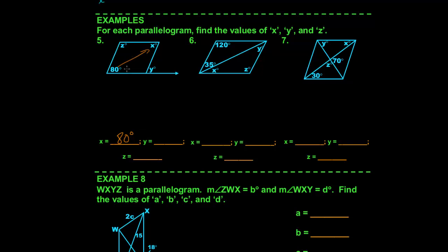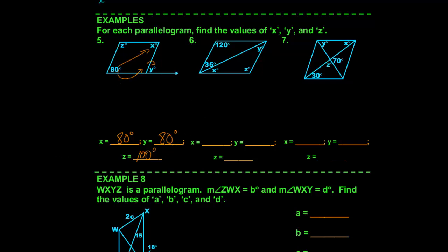Now we know that this angle here and whatever would be here are supplementary. If those two are supplementary as well as these, we can also say that our y is the same thing as we have over here. Our y is also 80 degrees. And when we find our z value, these two are supplements. 180 minus 80 is going to leave us our z. 180 minus 80 is 100 degrees.